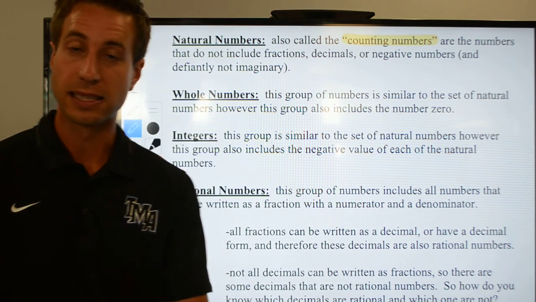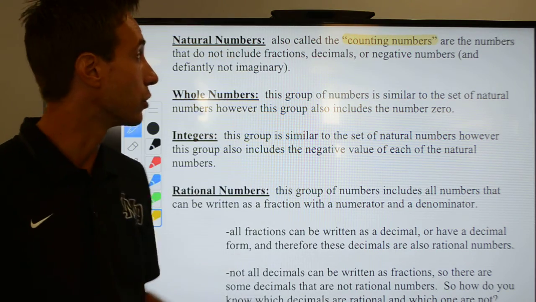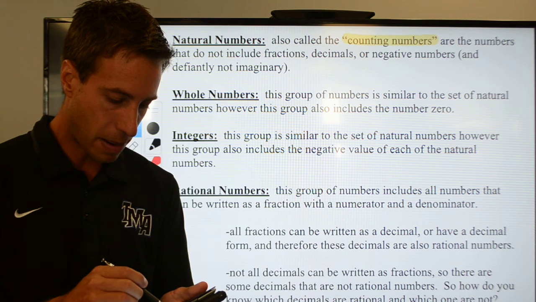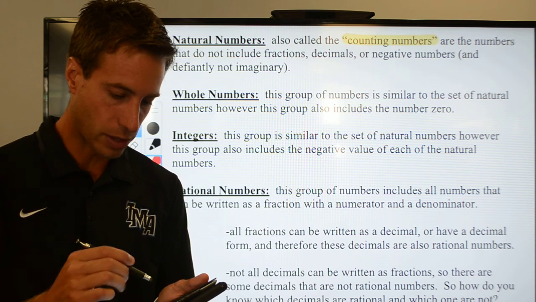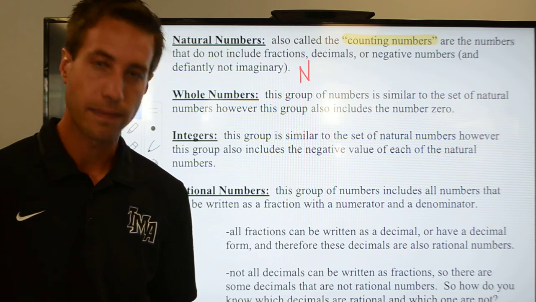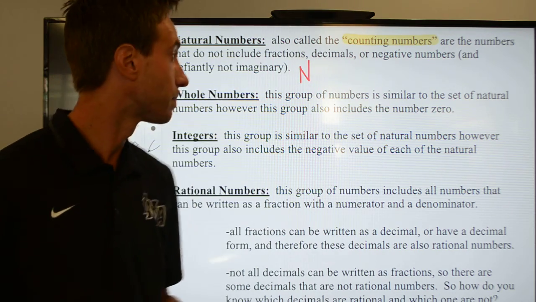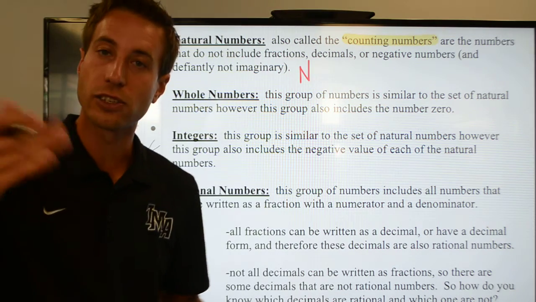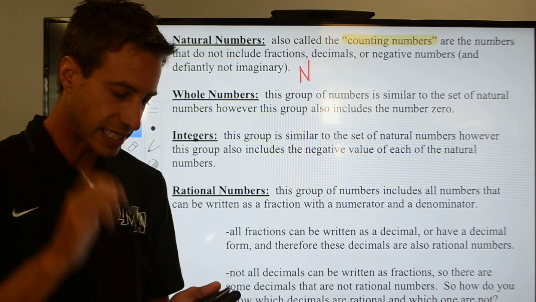Now, that means that 0 is not included in the natural numbers, all right? There is no 0, and remember the abbreviation for the natural numbers is N.